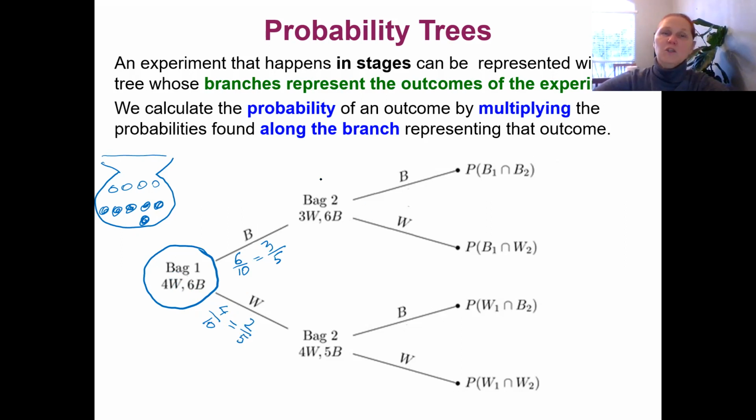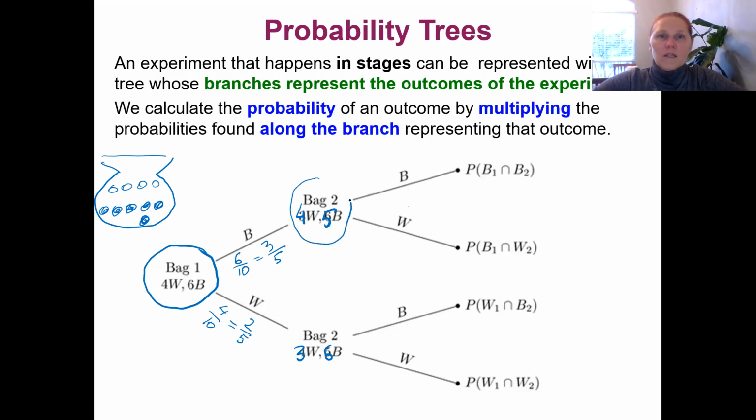On the second stage, here we have the bag after we have taken one black. So now we have 4 white and 5 black. And here we have 3 white and 6 black. So now the total is 9.